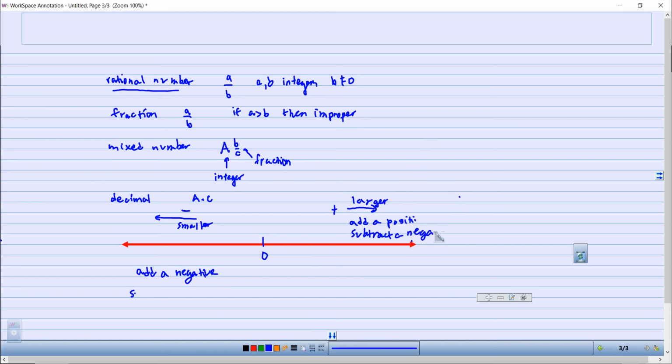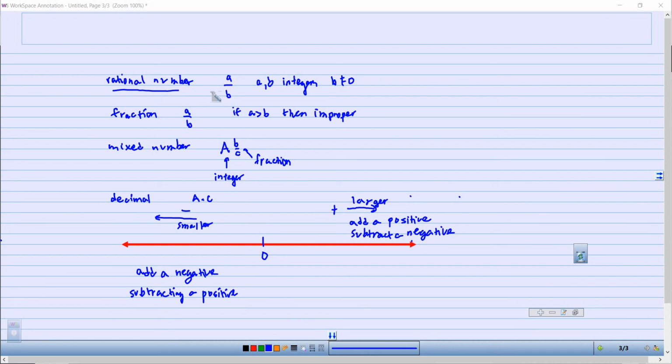My apologies. Subtracting a negative is the same as adding a positive. Let me fix this. So you can get larger by adding a positive or subtracting a negative, and you can get smaller by adding a negative or subtracting a positive.